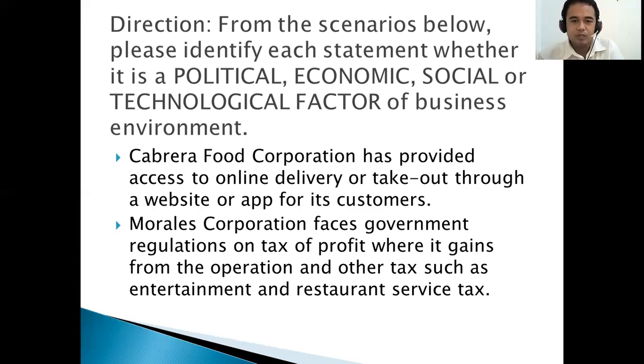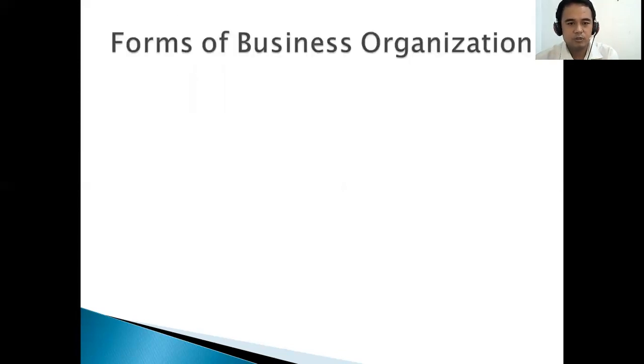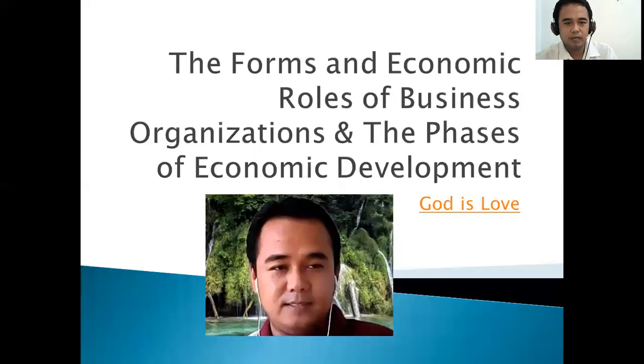Which among the four factors will these statements fall under? Now, let's proceed to the forms of business organization. As we have observed a while ago, the topic is about roles of business organization and phases of economic development.